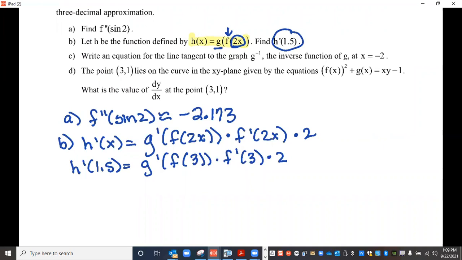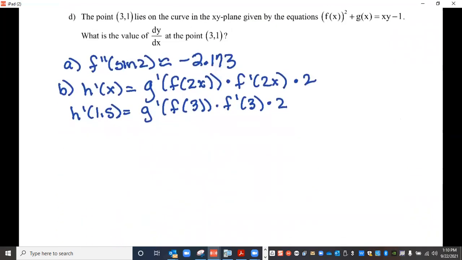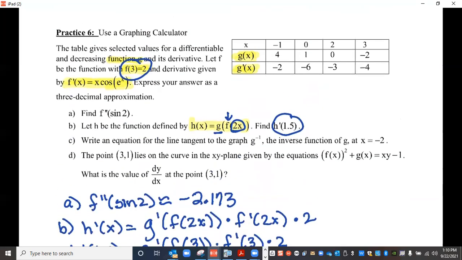Well, I don't know what f is, but how the heck am I going to find f of 3? They gave it to us. Remember, they gave it to us in the very beginning. They told us that f of 3 was 2. So then I have g prime of 2 times f prime of 3 times 2. So where do I get f prime of 3 from? I get f prime of 3 from the what? From the equation.